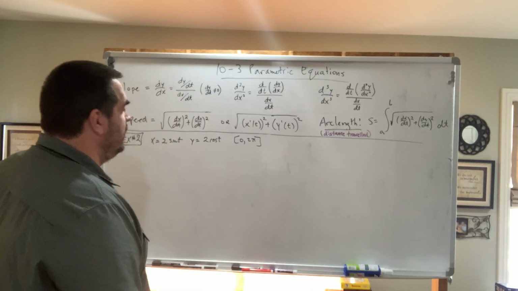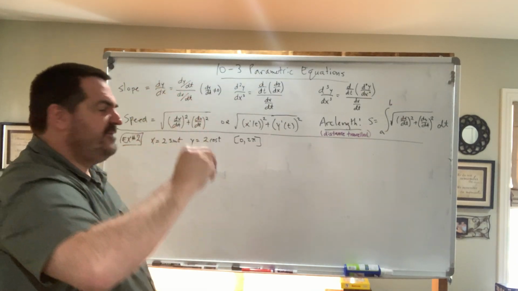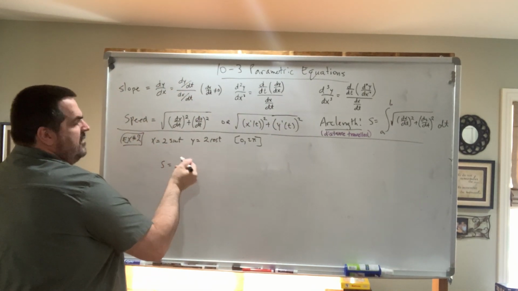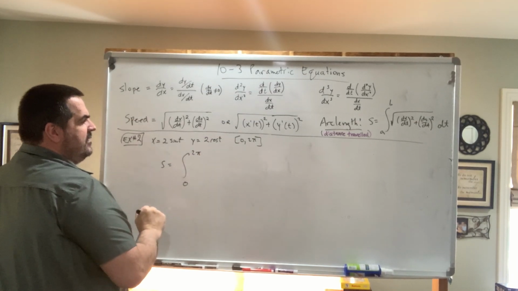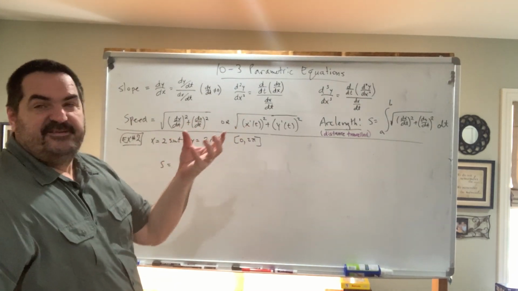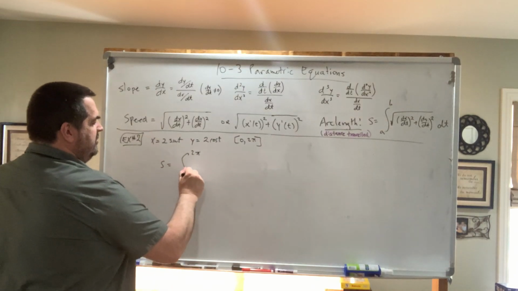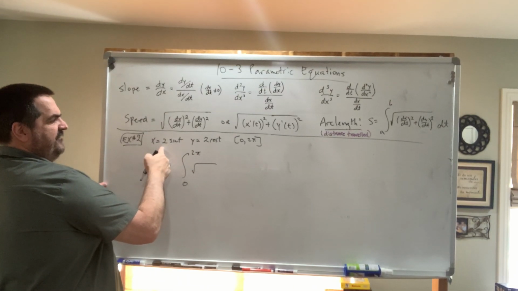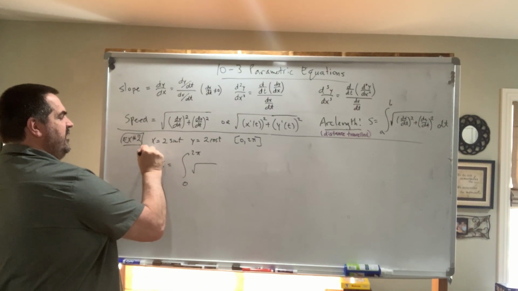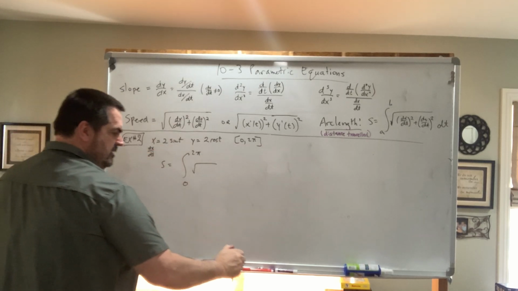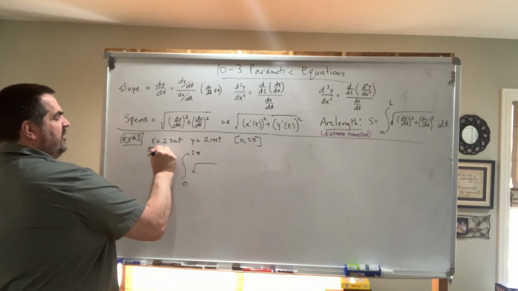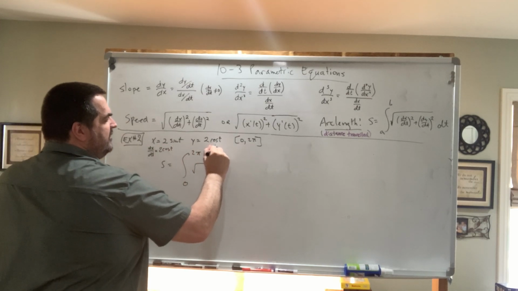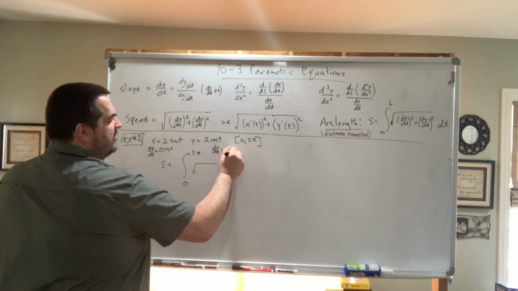So the symbol we use for arc length is a little s here. And it's the integral from 0 to 2 pi of radical dx/dt squared plus dy/dt squared. Well, dx/dt I need to find. This is 2 cosine, and dy/dt is negative 2 sine.